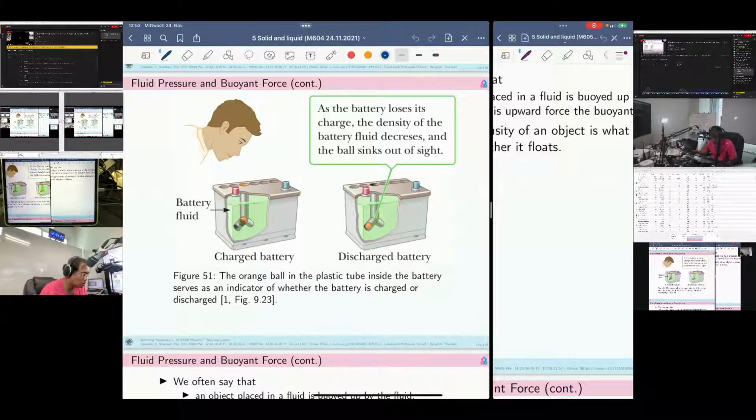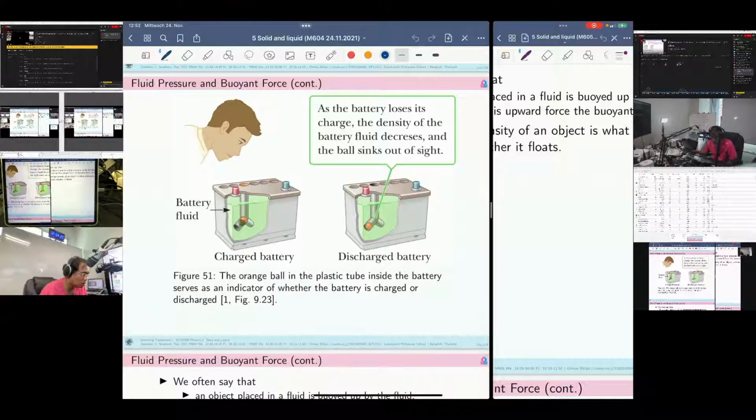If we have enough, we have good condition of the acid, the ball here would stay like this, right? And it means the battery is fully charged. It has full power for electricity for being used with other electric devices in the car, right?